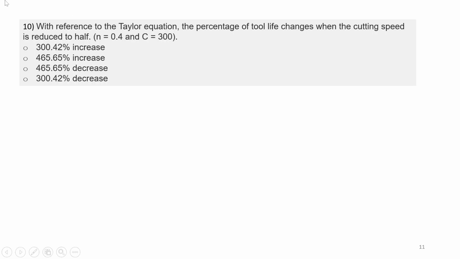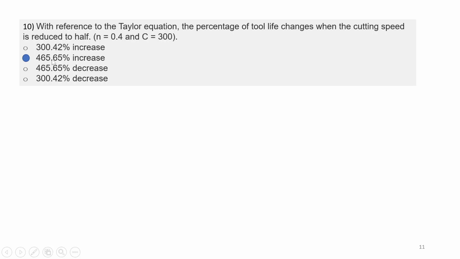The answer will be between the first two options, because when the cutting speed is reduced, it is more likely that your tool life will increase. So there will be an increase.